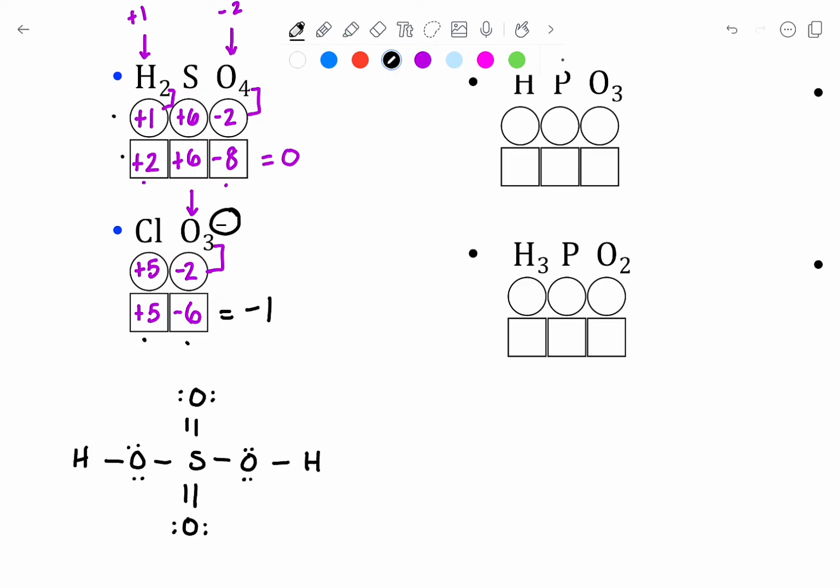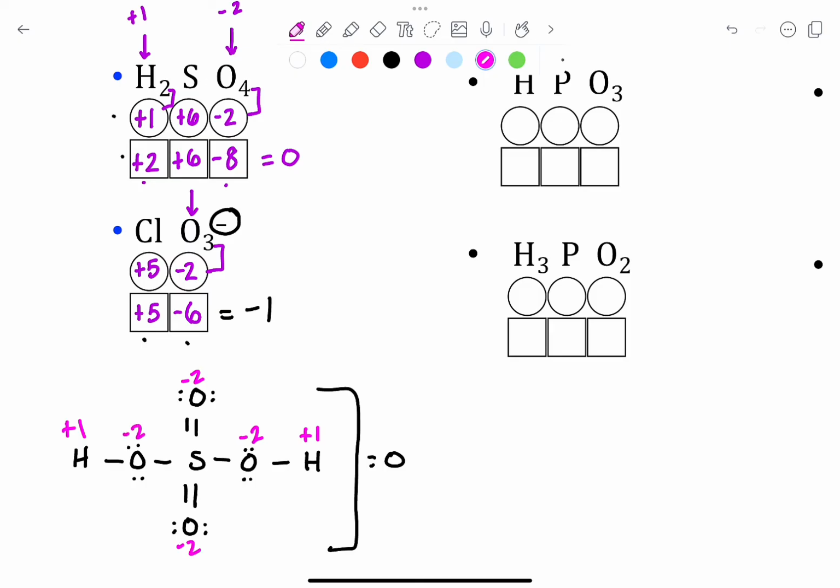Each of these individual atoms has an oxidation number, and overall the molecule has to equal 0. So we know that hydrogen has a +1 charge, but because there's 2 of them, we have to account for it twice. For oxygen, they each have a -2.